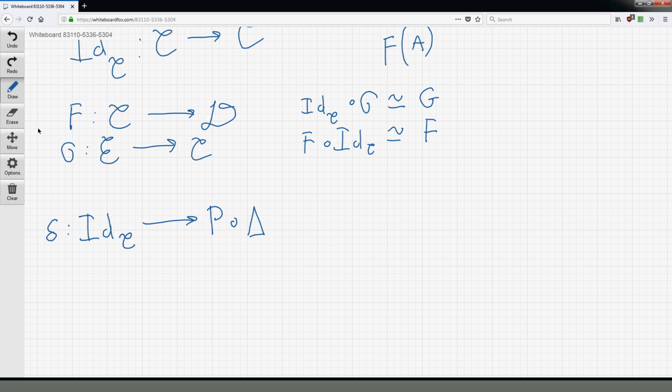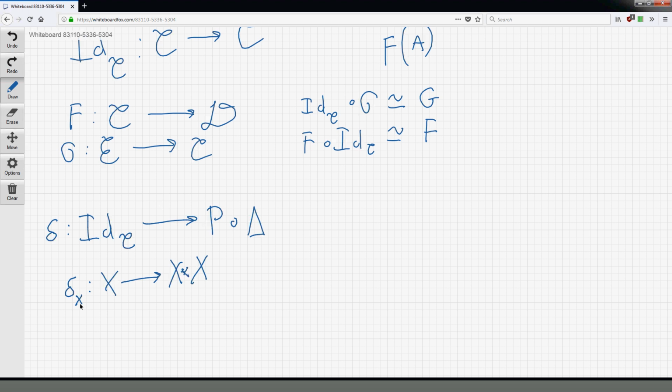And essentially this is a family of morphisms in C. So I'll just write out the component. If we have an arbitrary object X in our category C, the component of this diagonal natural transformation for X is a morphism from X to X cross X. It's messy, but you get the idea.